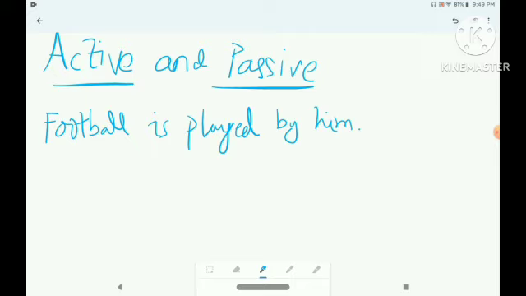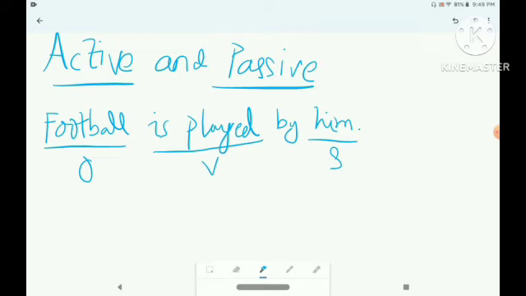In this sentence, football is the object. Is played is the verb. Him is the subject. Now in the active voice, what was there?